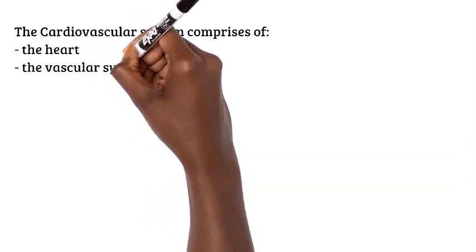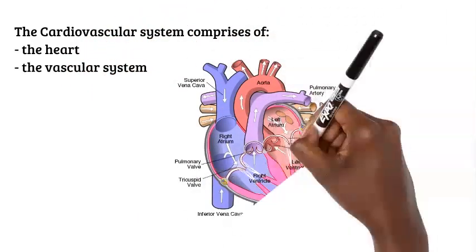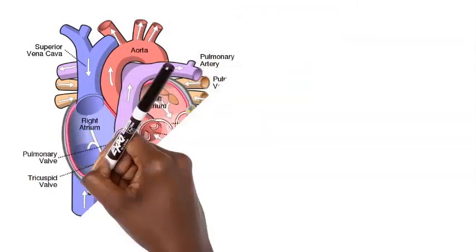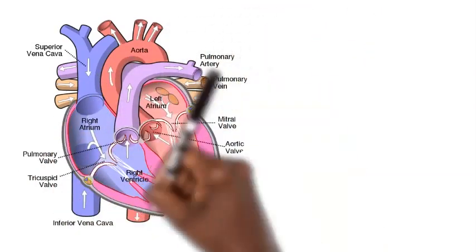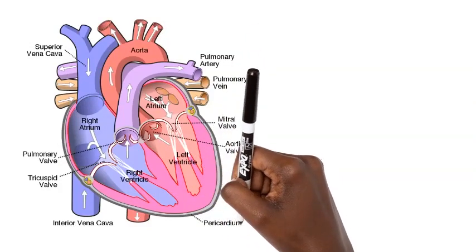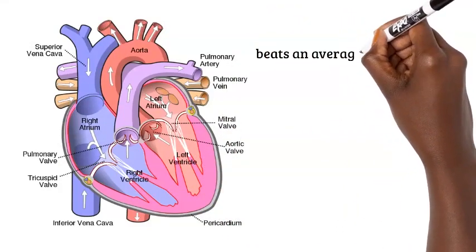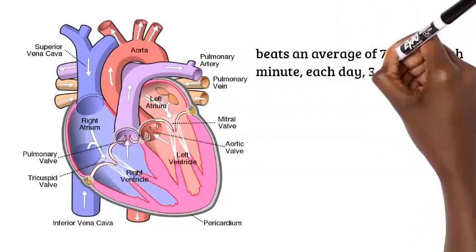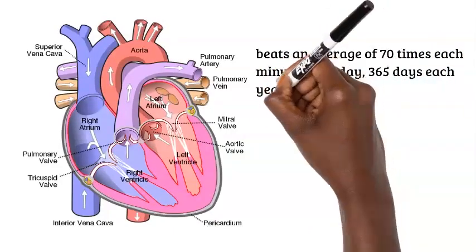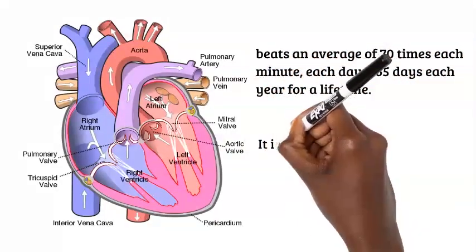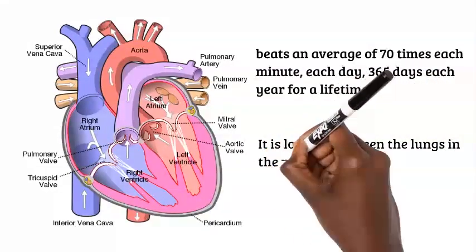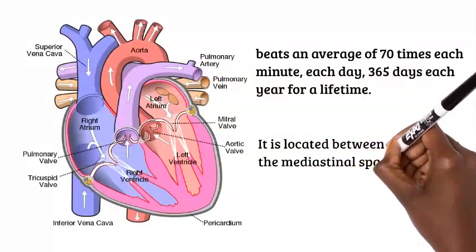The heart is a four-chambered muscular pump approximately the size of a man's fist that beats at an average of 70 times each minute, each day, 365 days each year for a lifetime. It is located between the lungs in the mediastinal space of the intrathoracic cavity.